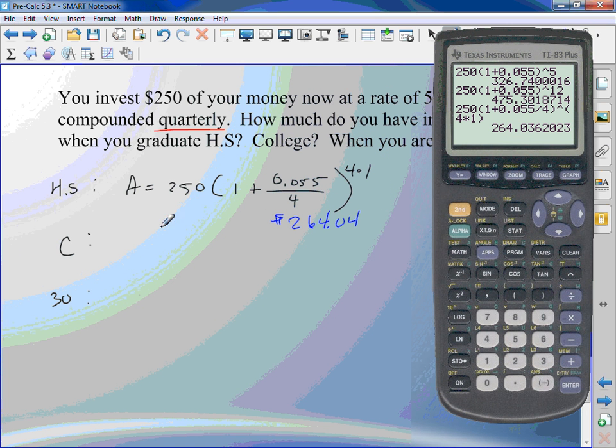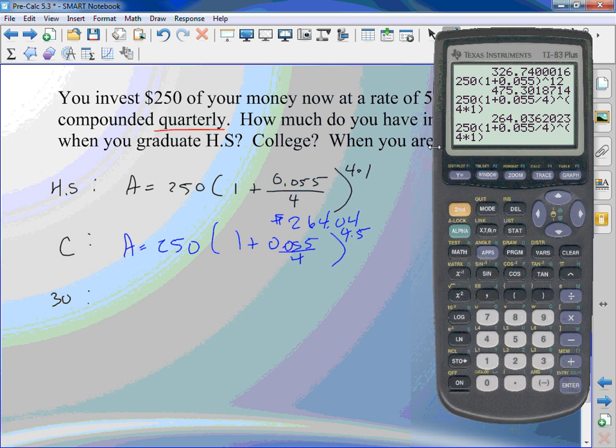Okay, for the second one, A equals 250 times 1 plus 0.055 divided by 4, to the 4 times 5. When I put it in the calculator, I either put 20 or I do 4 times 5.